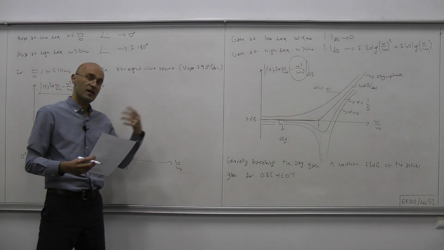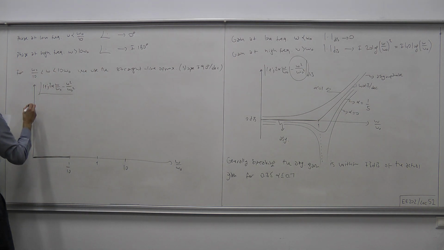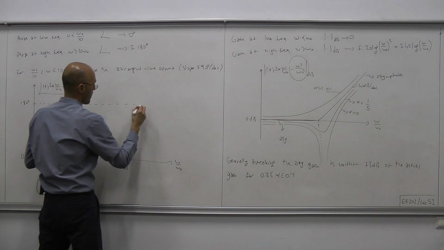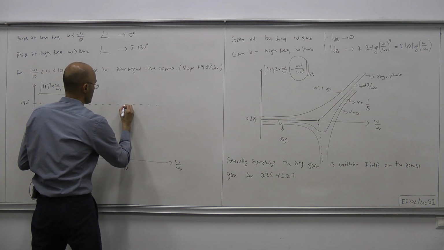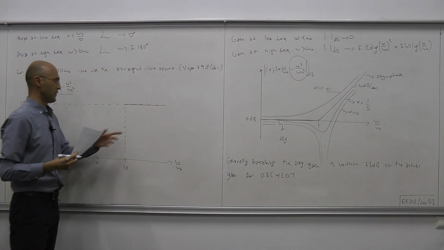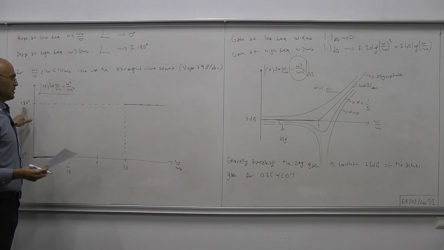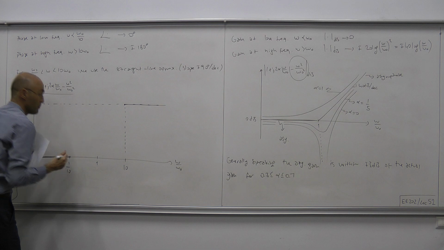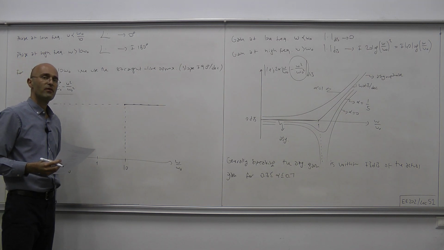Now the approximation that's described here is such that it's constant until omega equals omega 0 over 10. And it's also constant after frequencies omega equals 10 omega 0, and it's constant at 180 degrees, and in between, the approximation for the intermediate frequencies is a straight line that connects those two endpoints.